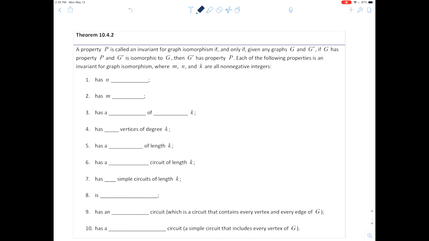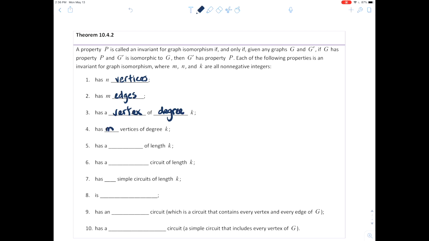So both of them have to have n vertices, the same number of vertices. They need to have the same number of edges. You'd have to have a vertex of degree k, and this will make sense when we do the next example.